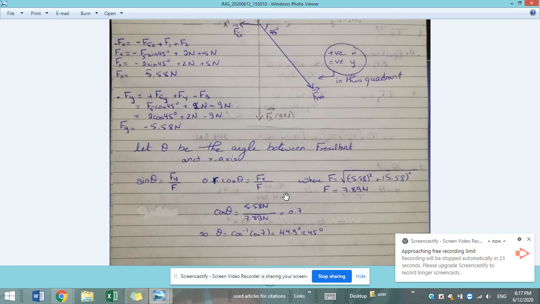Then in order to find the angle, we have to press shift cosine, for example, 0.75 is equal to 44.9, which could be approximated to 45 degrees. So now I represented it by taking 45 degrees away from the x-axis, and I have to take into consideration its magnitude, 7.89 Newton. Of course, we have to consider a certain scale here.